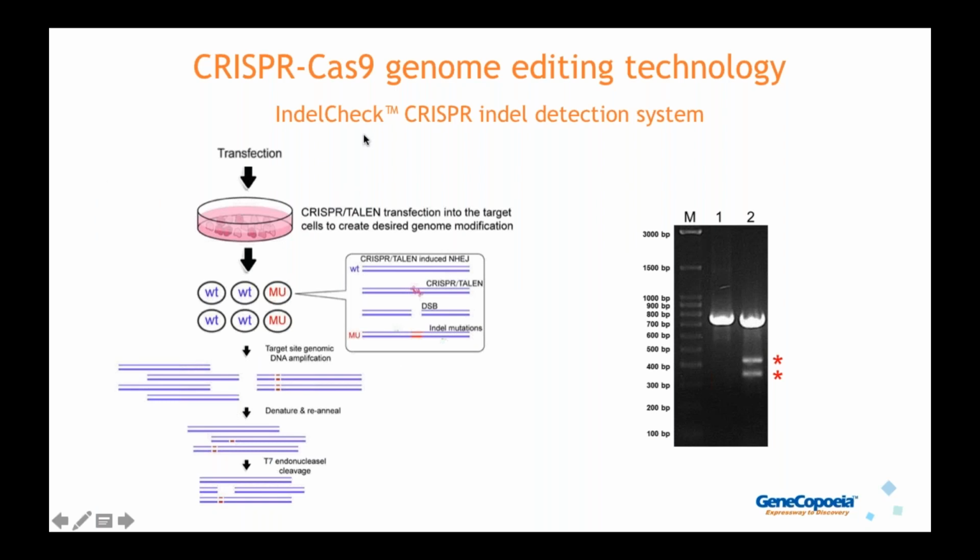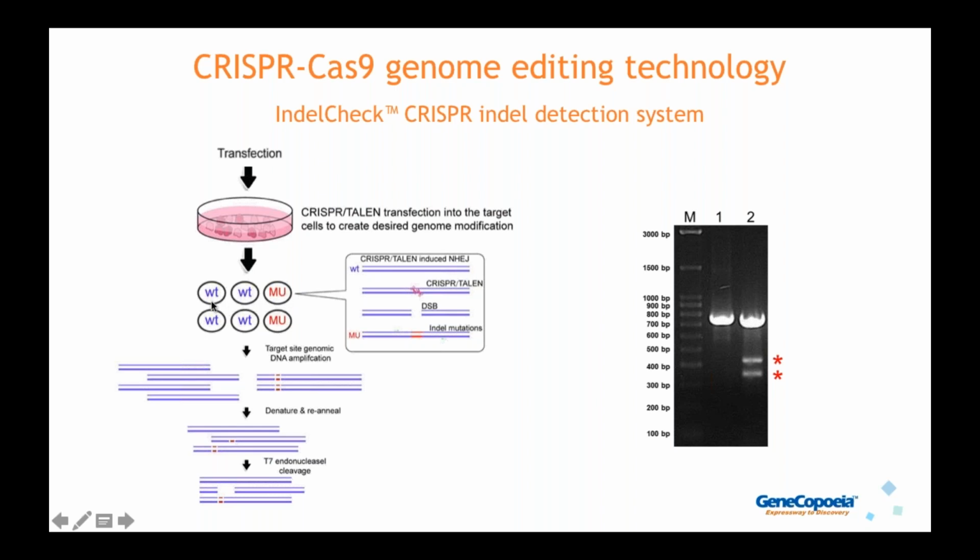It takes advantage of the low fidelity of non-homologous end joining because it uses an enzyme called T7 endonuclease 1, which detects mismatches that are generated as shown here. So if you do a transfection, you'll get, by non-homologous end joining, a population of both cells with wild type alleles of the gene, as well as cells that contain indel mutations.